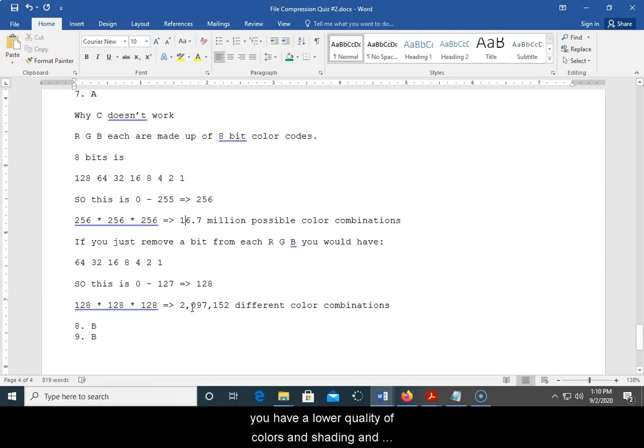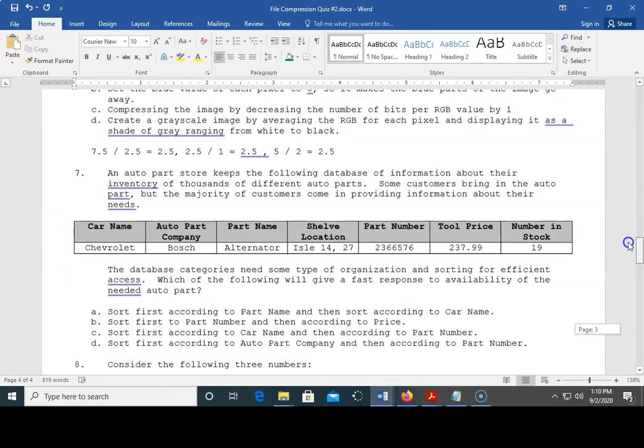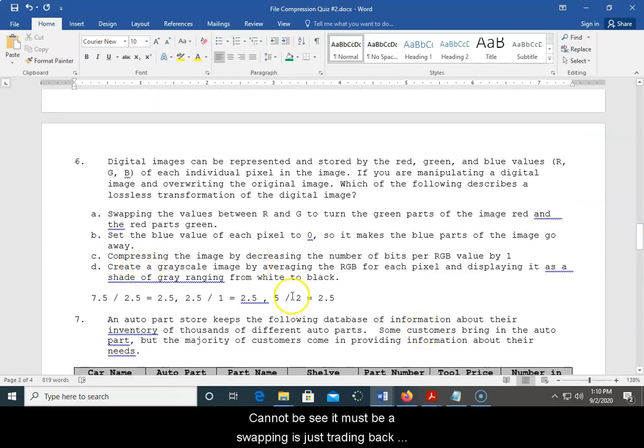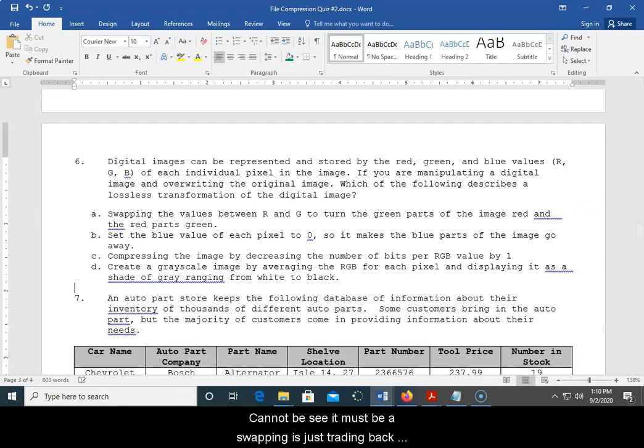So removing one of those bits, you have a lower quality of colors and shading and everything. And since you removed it, you don't know what that bit was actually equal to. And so your answer for number 7 cannot be C. It must be A. Swapping is just trading back and forth. That information is still saved. Okay.